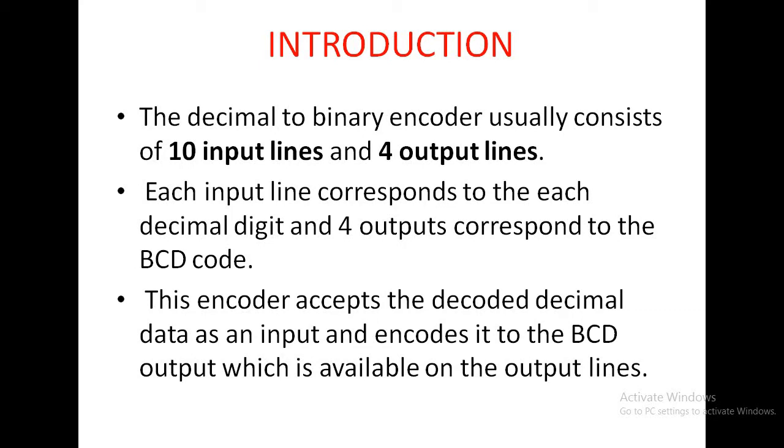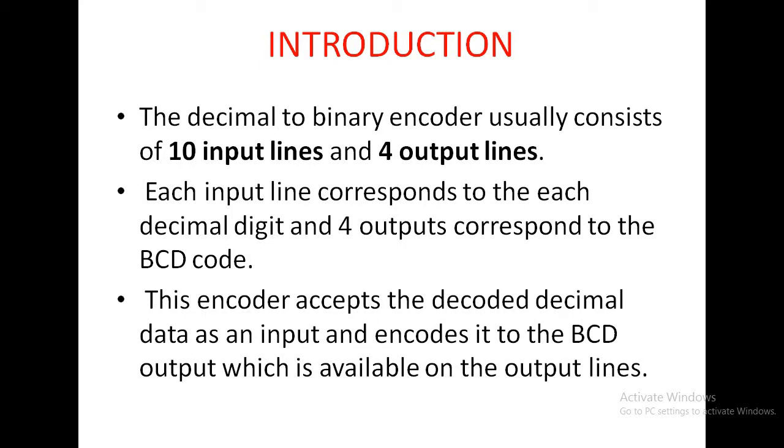So we can say that this is known as decimal to BCD code. BCD stands for binary coded decimal. This encoder accepts the decoded decimal data as an input and encodes it to the BCD output, which is available on the output lines.